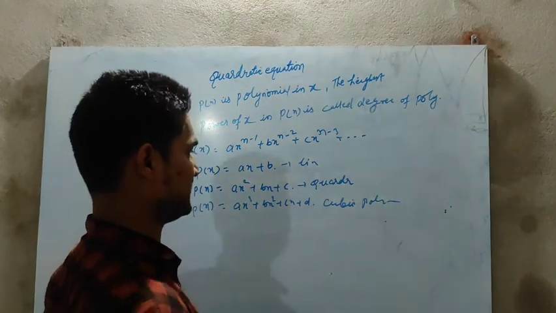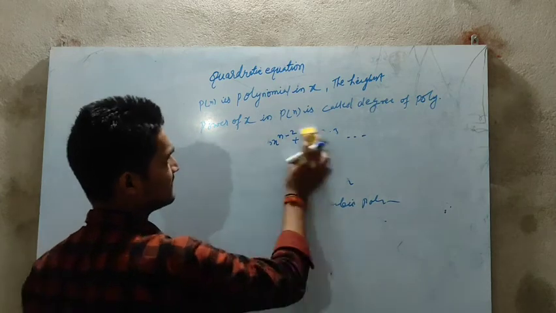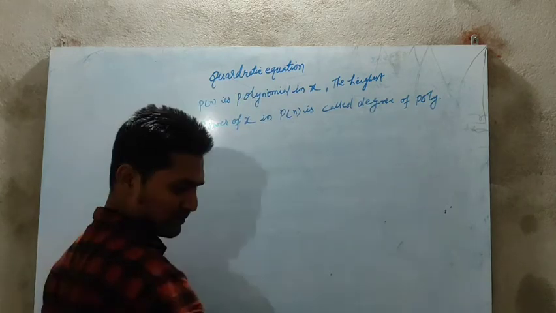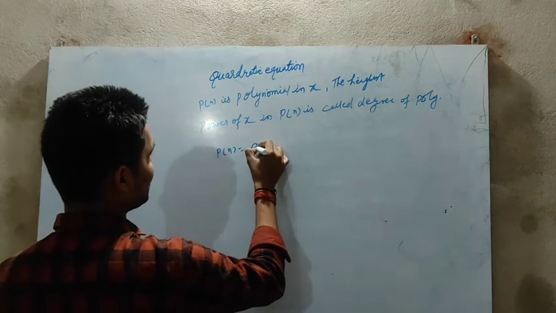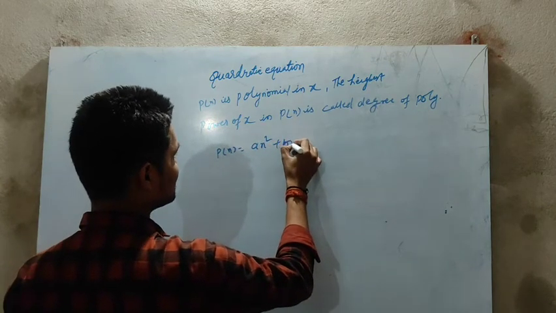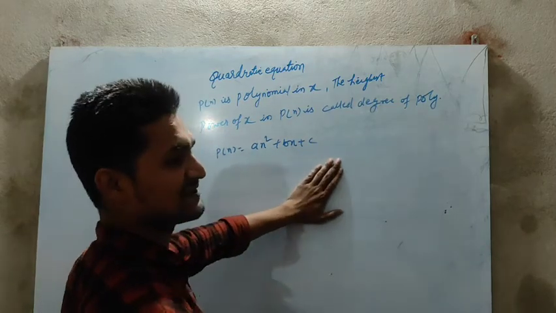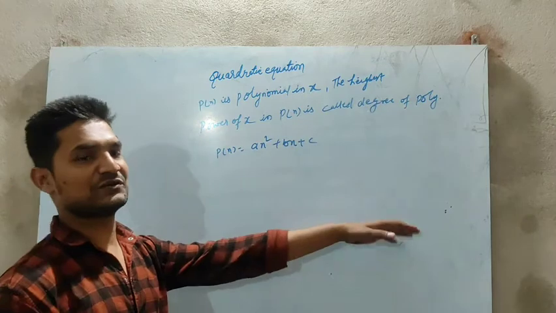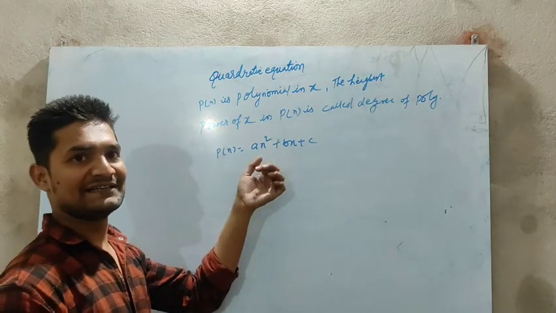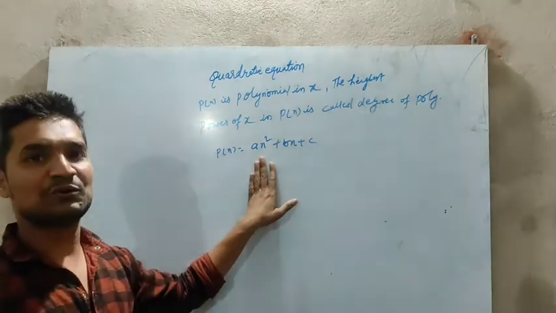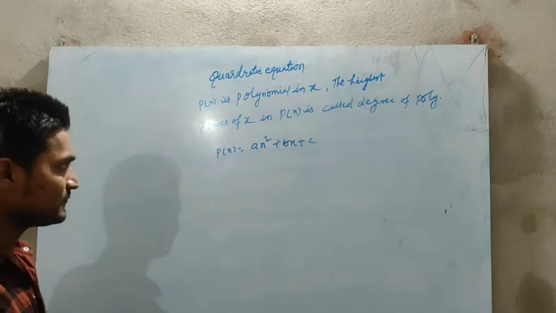Now we will discuss a quadratic equation. As we know, the quadratic polynomial P(x) = ax^2 + bx + c, where ax^2 + bx + c is quadratic because the highest degree of x is 2 and a, b, c are always constants.